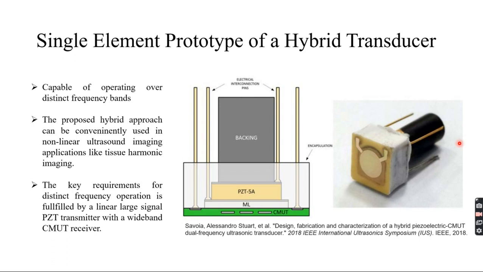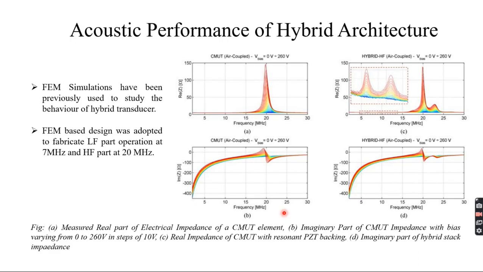The idea is that this given transducer is capable of operating at distinct frequency bands, and this proposed hybrid approach can conveniently be used in nonlinear ultrasound imaging, like tissue harmonic imaging. The key requirement for distinct frequency operation is fulfilled by a linear large signal transmit. So PZT is a linear transmitter, while the CMUT over here is a wideband echo receiver.